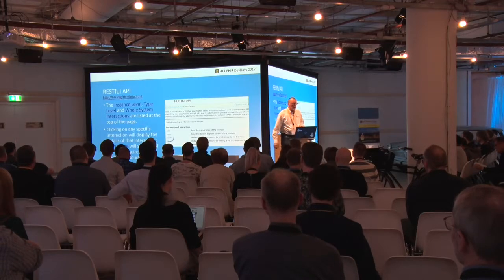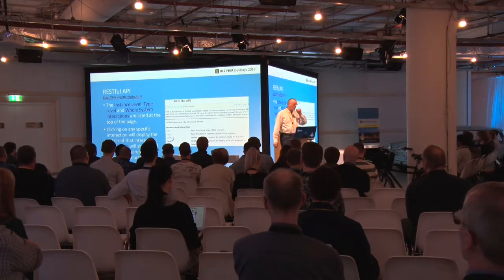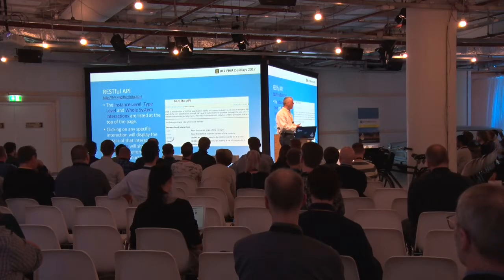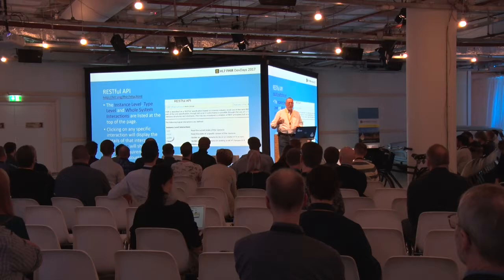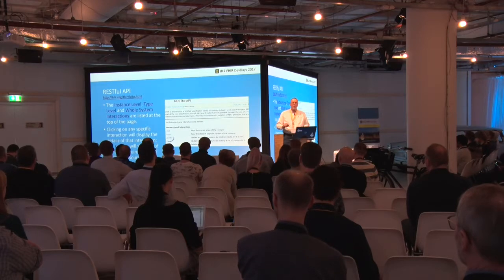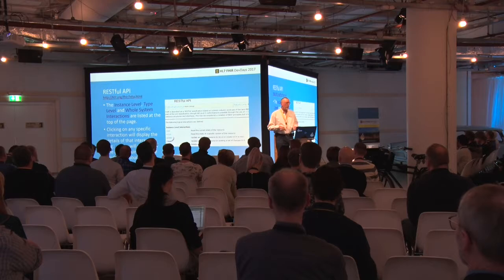But let's take a look at the RESTful API. So on this particular page, you've got different operations or interactions that cover different levels, which is instance, type, and whole system, or what we call global. At the top of the page, you're going to have links to what those operations are. So you'll have read, vread, update, and so forth.